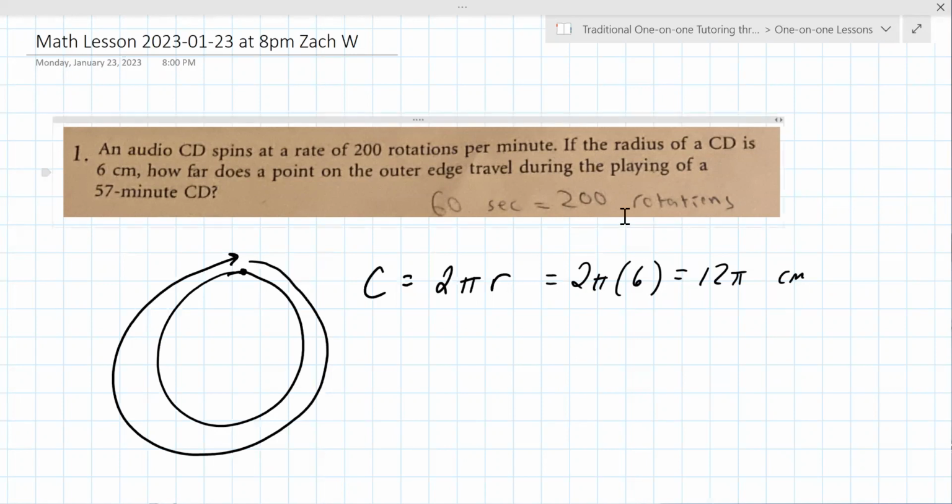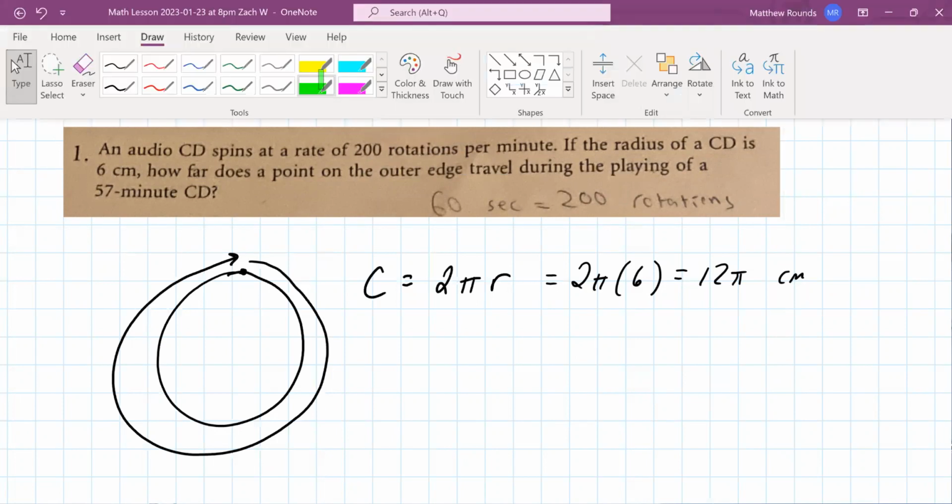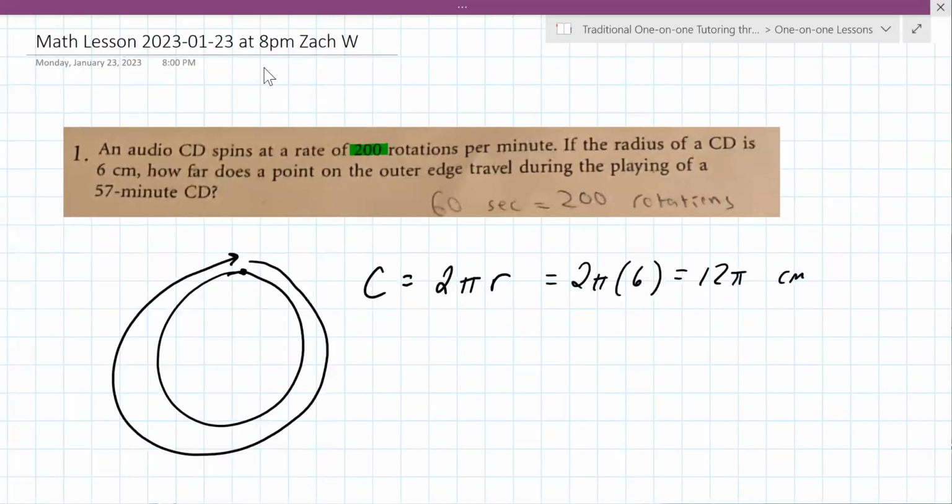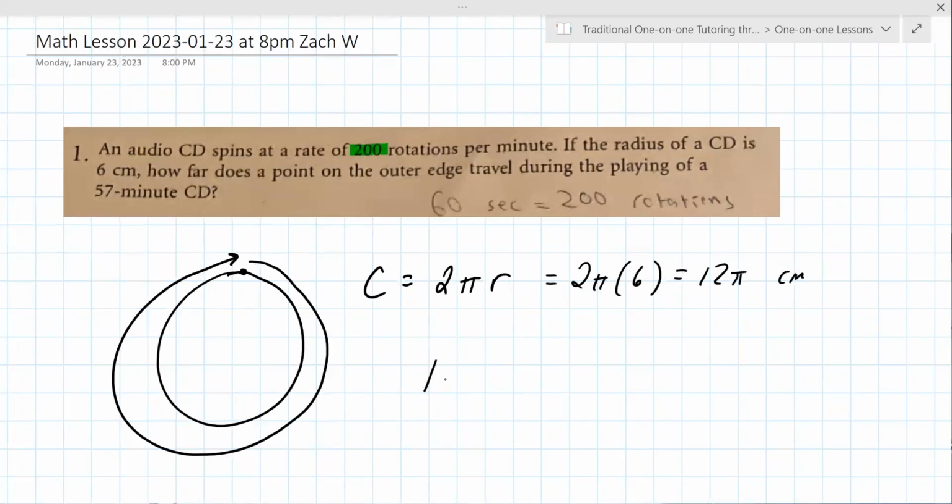Yeah. Okay. Now, how far does it rotate in 1 minute? How many rotations in 1 minute? 200. This is kind of how you want to work through these problems. In 1 minute, it's 200 rotations. And how far is a rotation? 12 pi centimeters.